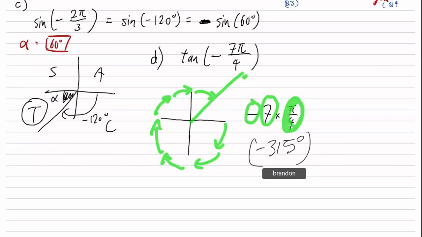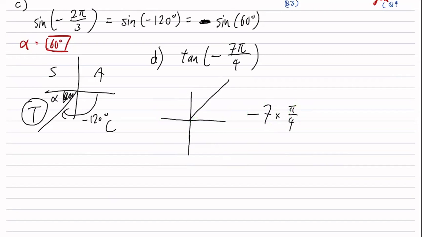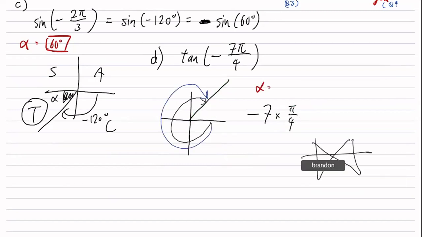You can do that too. Anyways, I just need you to show me this and then figure out what's my alpha, and draw the direction. Alpha is this, which would be 45 degrees.